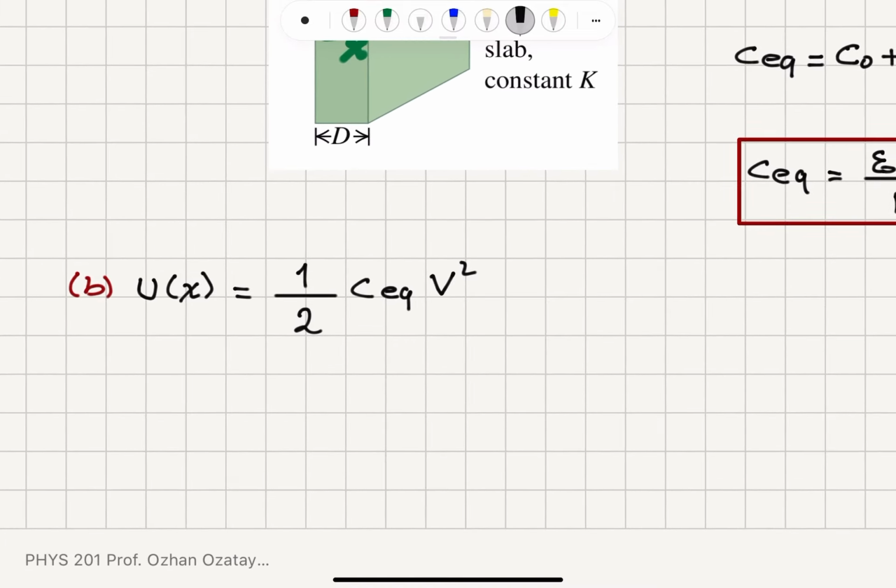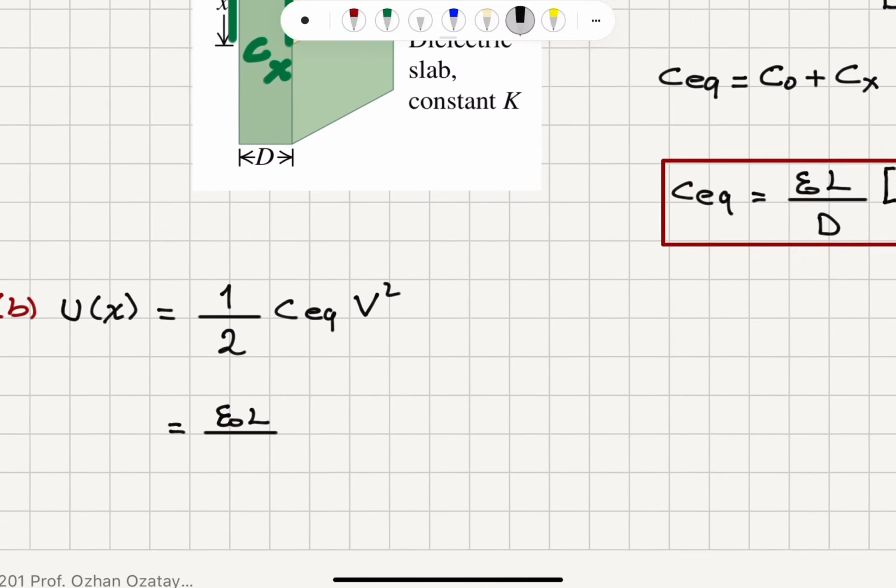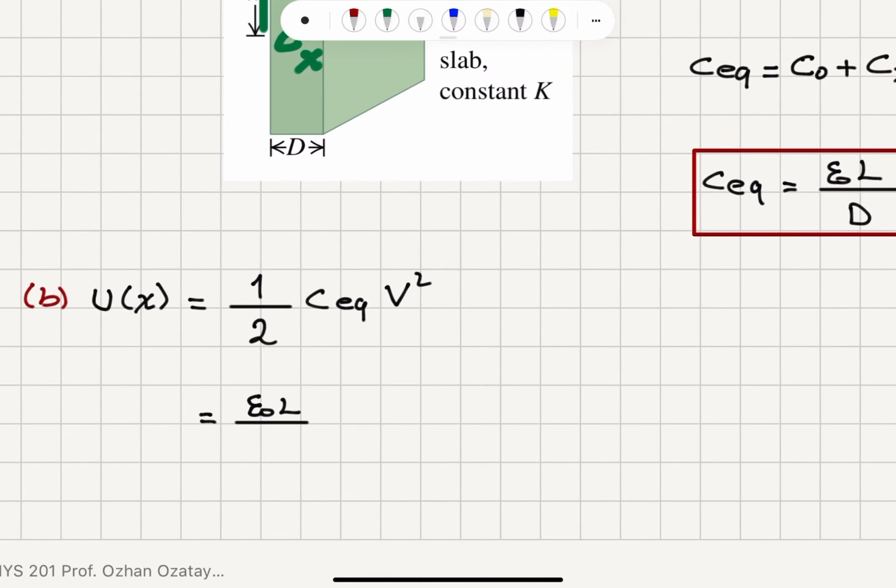So if I substitute here the C equivalent that I have calculated, epsilon 0 capital L over D, but this is 1 over 2, so it's going to be over 2D, times L plus (kappa minus 1) x, times V squared.